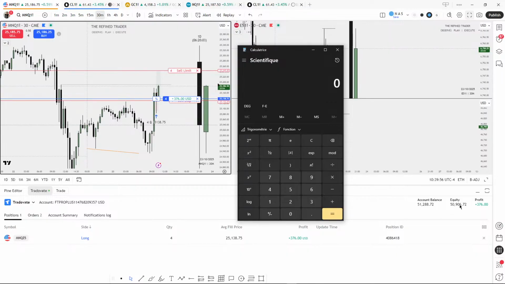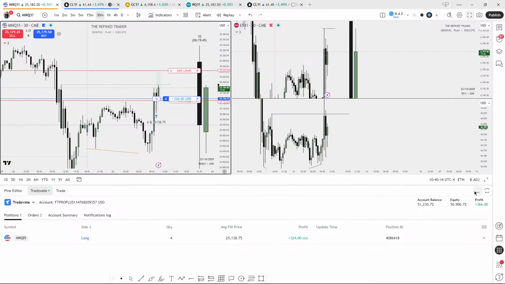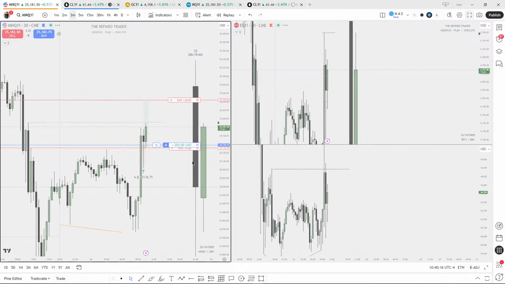So I would need a $600 win to be able to get that. Because 1k is just that for the 40% consistency rule. So yeah, I will be able to meet the consistency rule of passing the account. That's the wait and see. After being up $600, I'll decide.